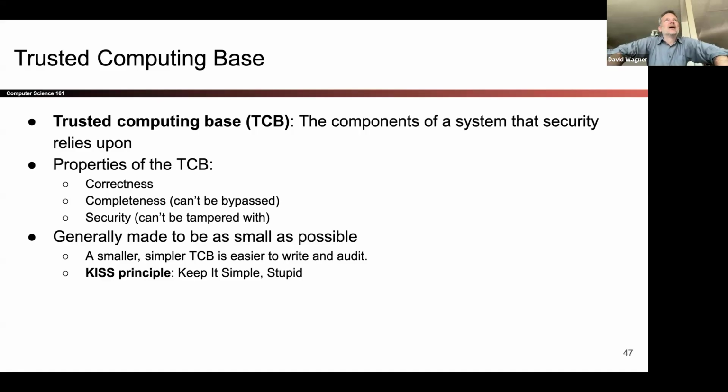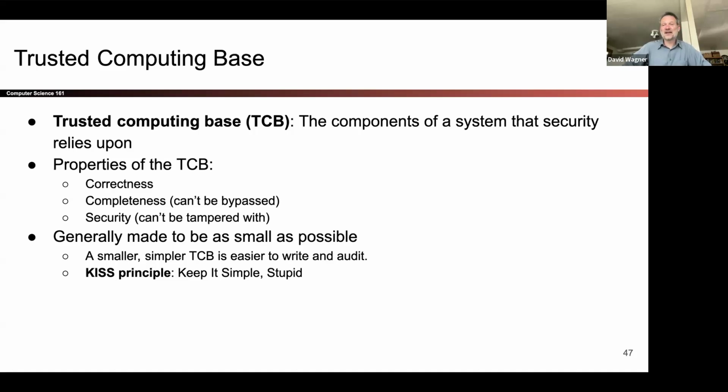No root or administrator level access. All root or administrator level access has to go through the operating system, be approved by the operating system. That example has some issues, but we'll go with that for the moment.